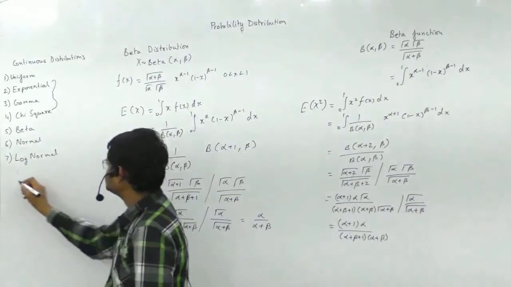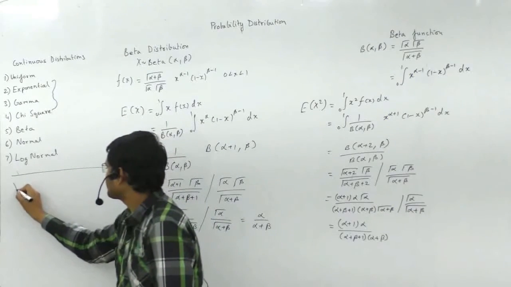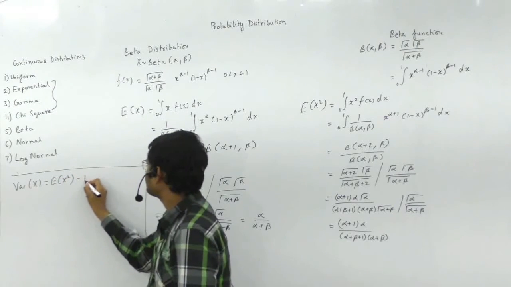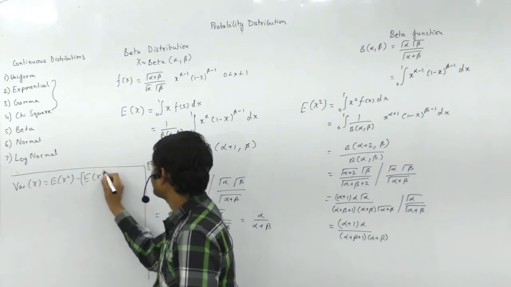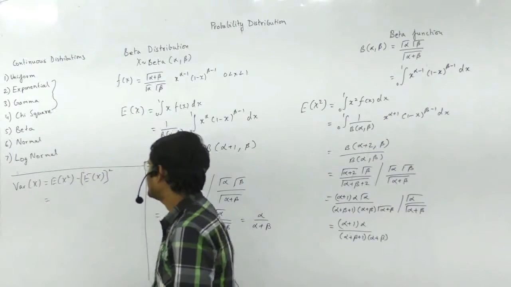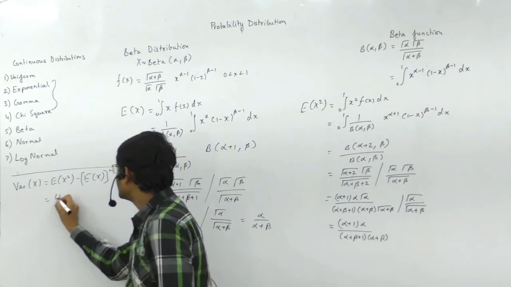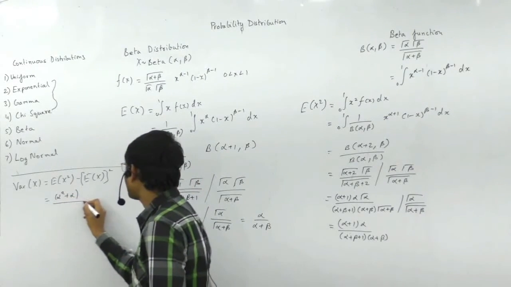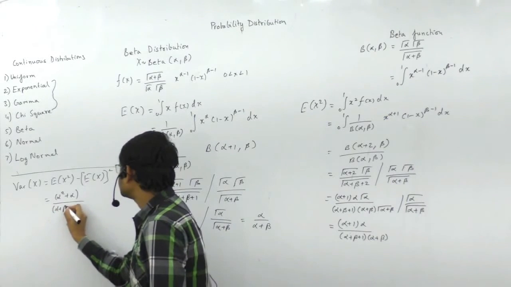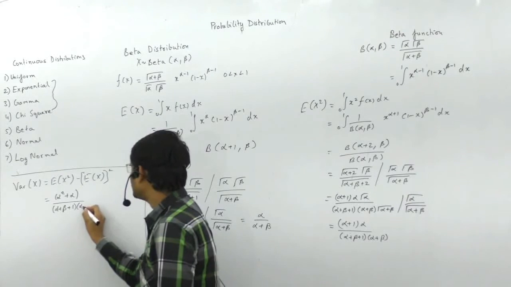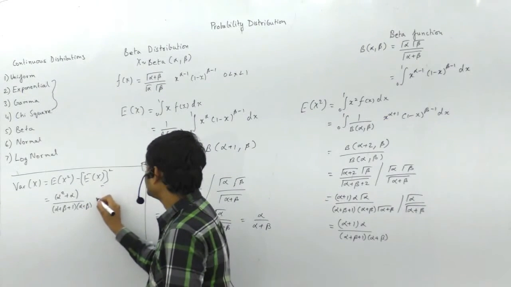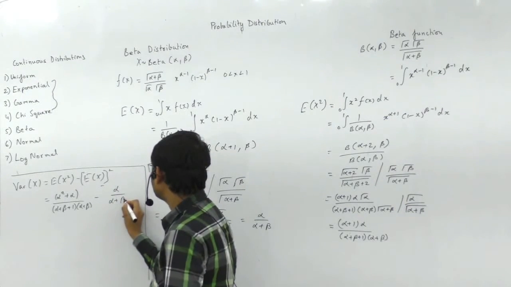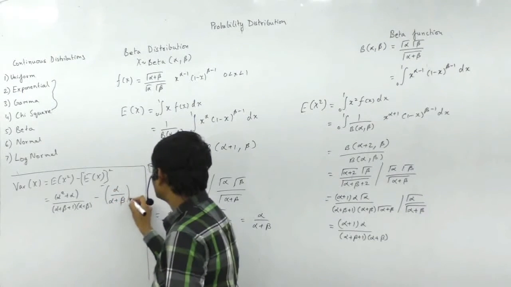Let's find our variance. Expected value of x square was alpha square plus alpha upon alpha plus beta plus 1 into alpha plus beta, and we'll get minus, here we have alpha by alpha plus beta whole square.